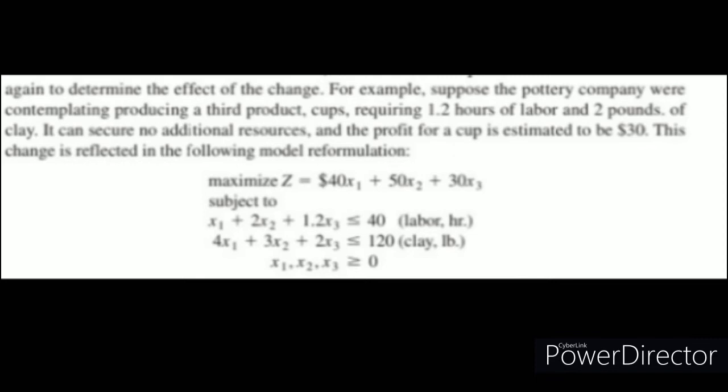Maximize Z is equal to profit per unit of bowls 40 pesos x sub 1 plus profit per unit for mugs 50 pesos x sub 2 plus profit per unit for the cups 30 pesos x sub 3, subject to x sub 1 plus 2 x sub 2 plus 1.2 x sub 3 is less than or equal to 40 hours of labor. 4x sub 1 plus 3x sub 2 plus 2x sub 3 is less than or equal to 120 pounds of clay.